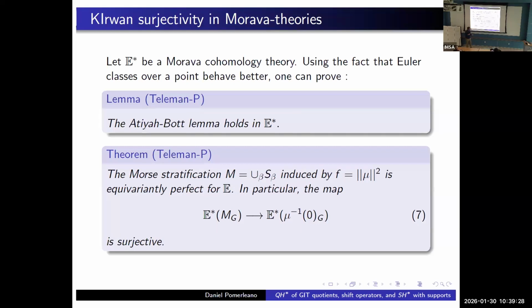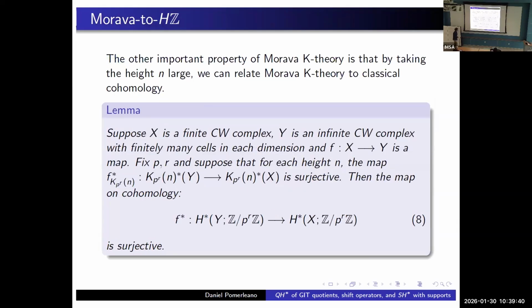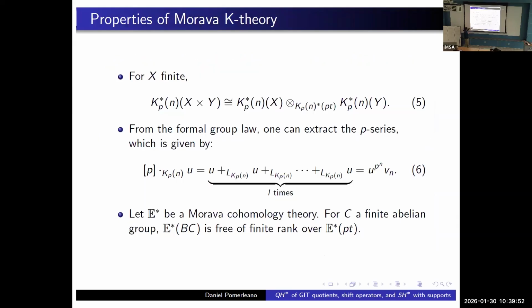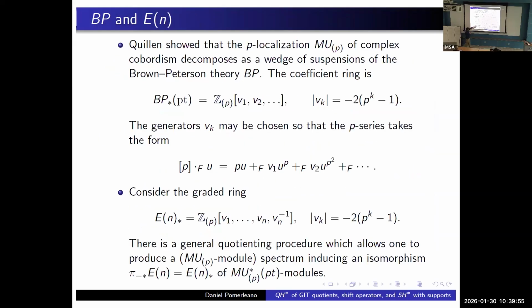That's nice, but how do you move back to cohomology? And this is the second very important property of Morava K theory, which is that if you think about the Atiyah-Hirzebruch spectral sequence, coming back to the beginning, the degrees of these generators are spreading out as K gets large.